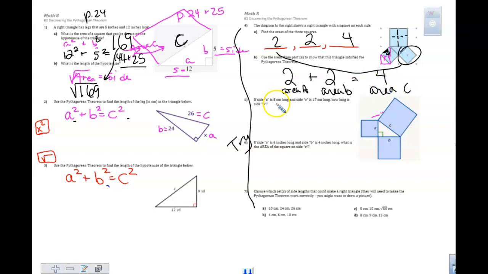So then this one, they're telling you side A is 8, side C is 17, and you're trying to find B. So when you do this one, this is your A squared plus B squared. You're going to put in 8 squared plus B squared. You have to do like we did number 3 today. You got to do some subtraction, okay?